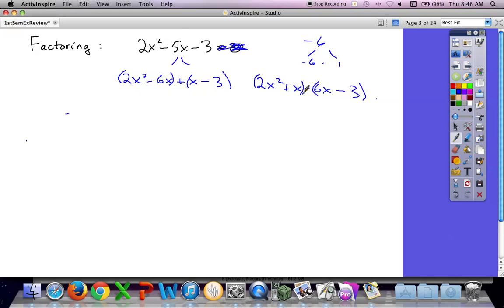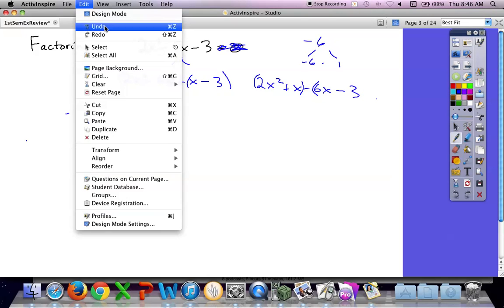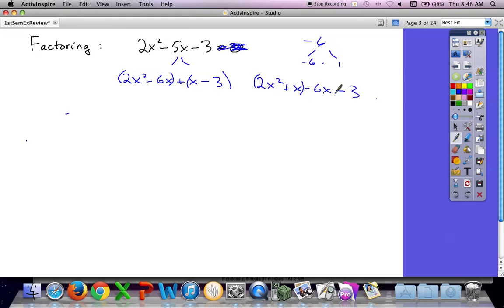That's most of the time when, if I'm going to do this, then I would not have done that on the same line. I would have taken another step.